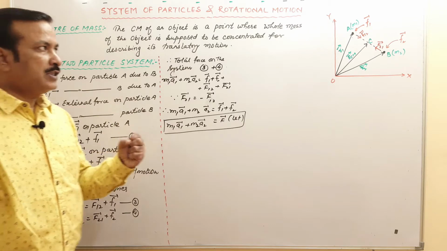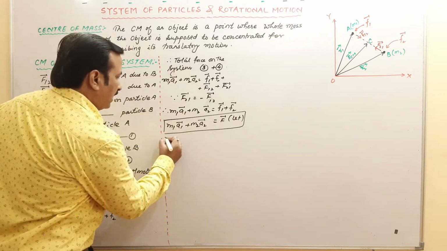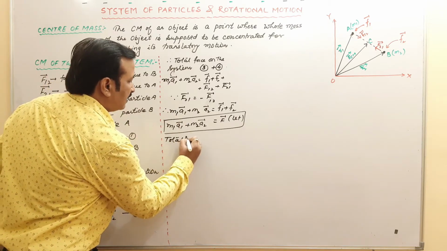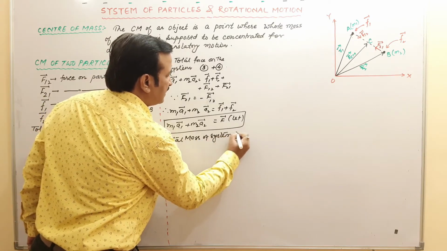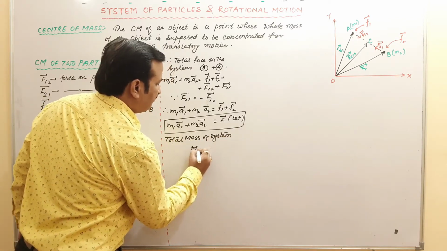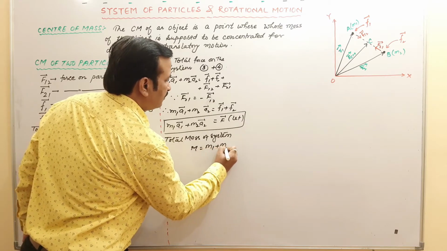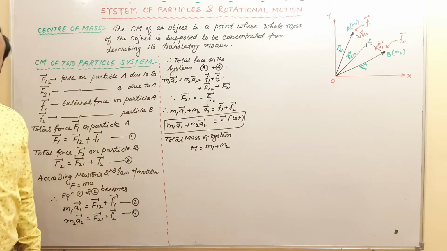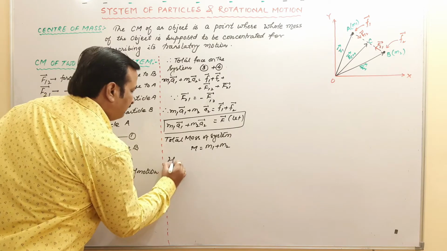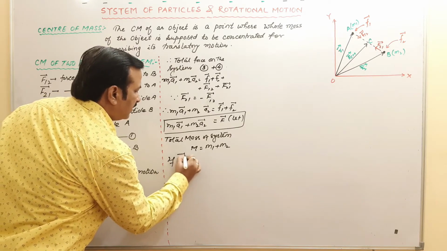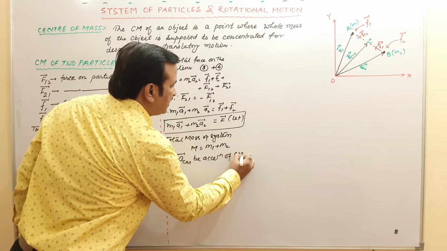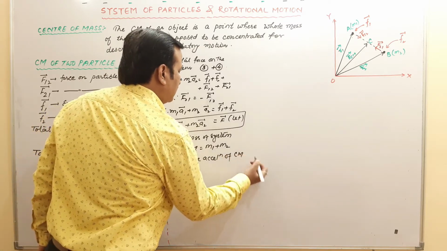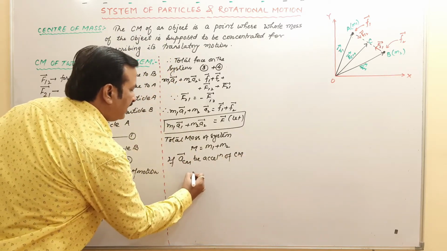So when there is a total force, if we take the total mass of the system, how much is it? Say capital M will be equal to m1 plus m2, right? If ACM be the acceleration of center of mass, then what can we write?